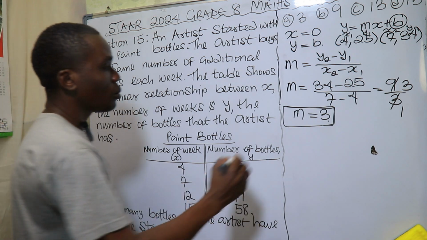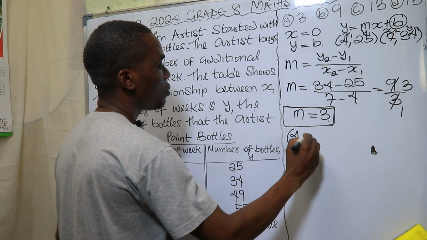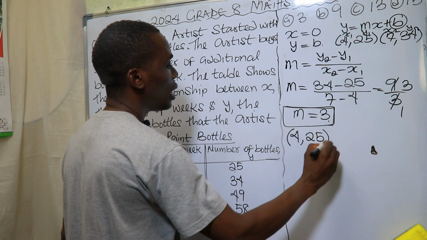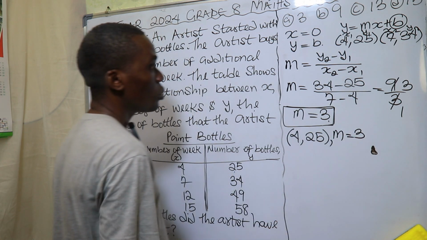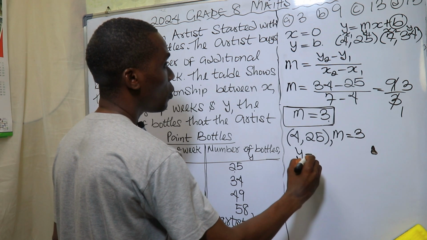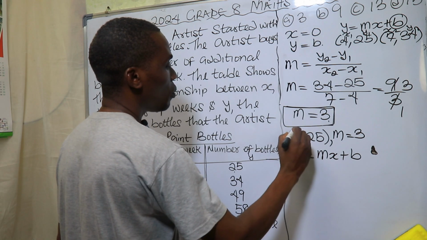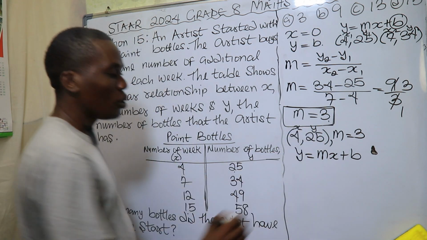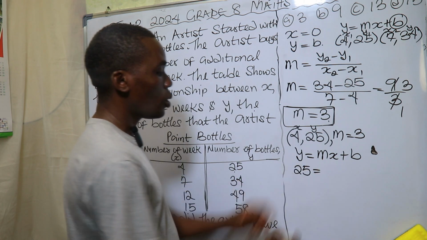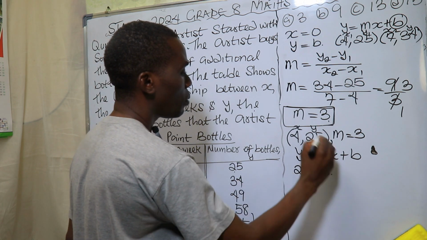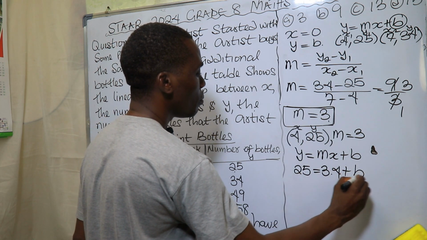To find the value of the intercept, we're going to use the coordinate 4, 25 and the slope m, which is equal to 3. So y equal to mx plus b gives us 25 equal to 3 multiplied by 4 plus b.